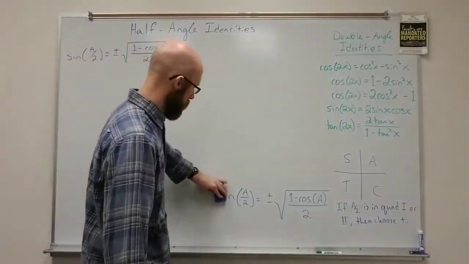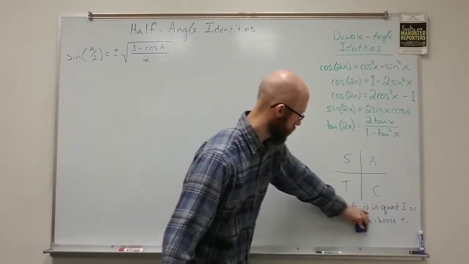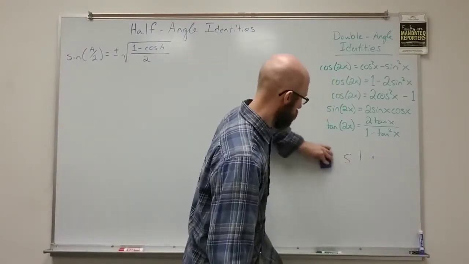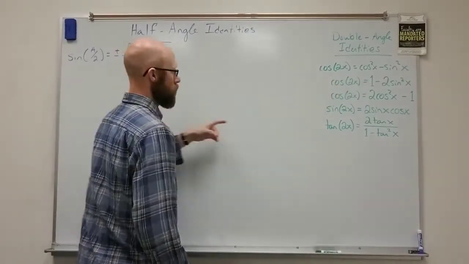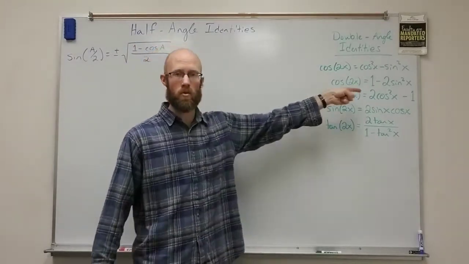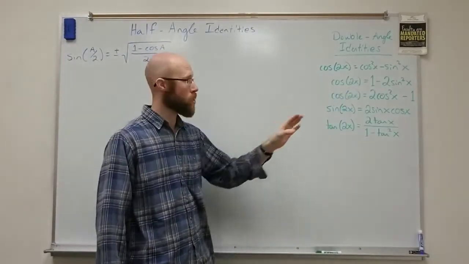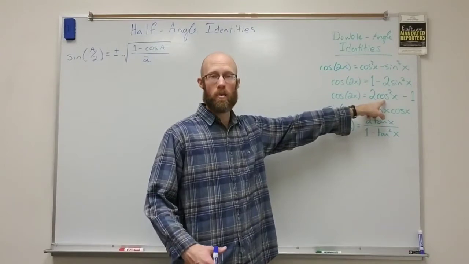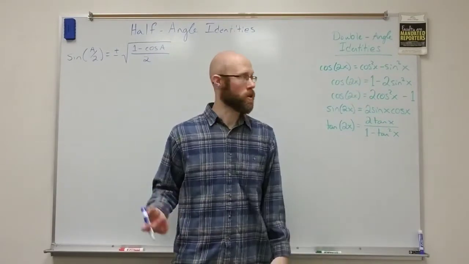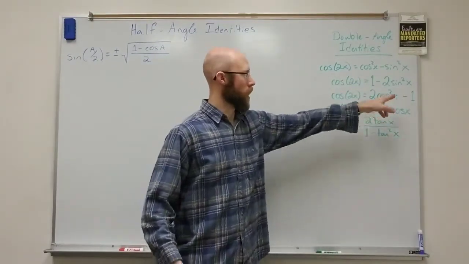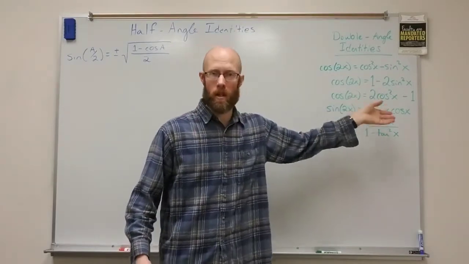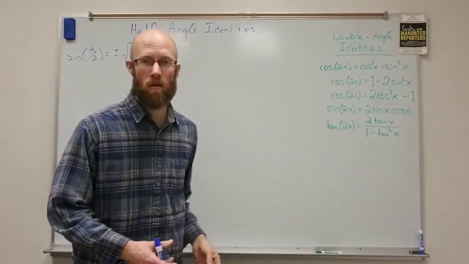Well, if I were to do a very similar process with a different formula, so if I were to take this third formula with the cosine squared and solve for the cosine, I would get a very similar process, right? You're going to add the 1, you're going to divide by 2, you're going to take the square root property, and so forth.